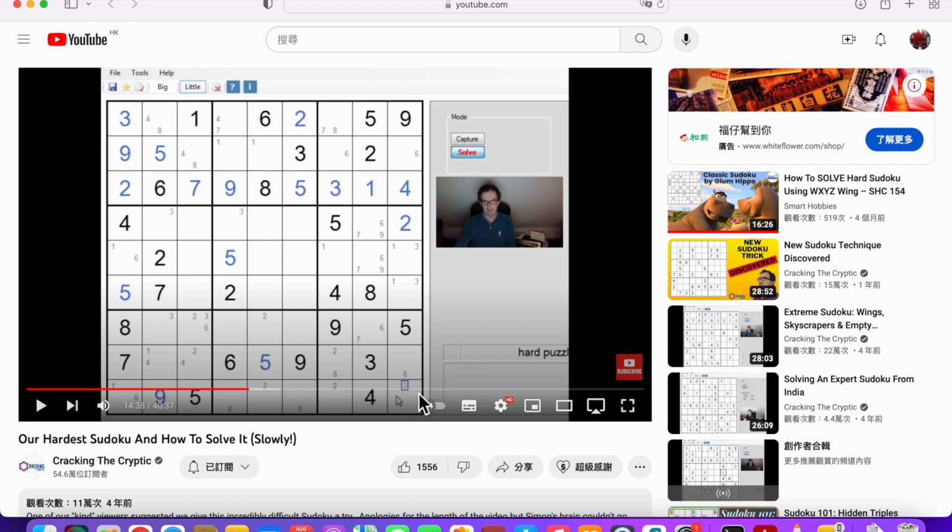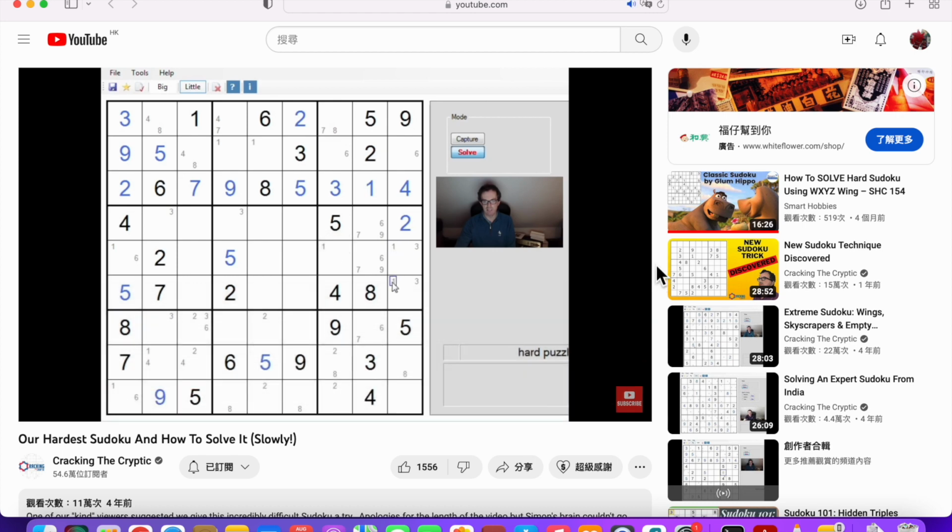Because either it'll be eliminated because the 1 will be here or here, or it will be eliminated because this will be a 1 or this will be a 1, and that will force a 1 into this square. So this square here cannot contain a 1.